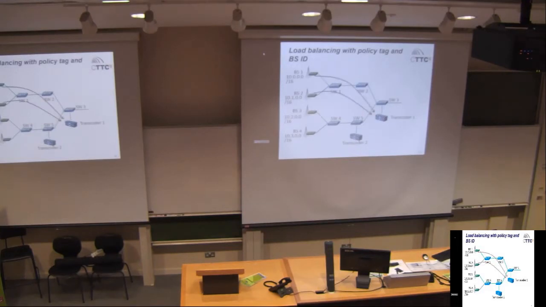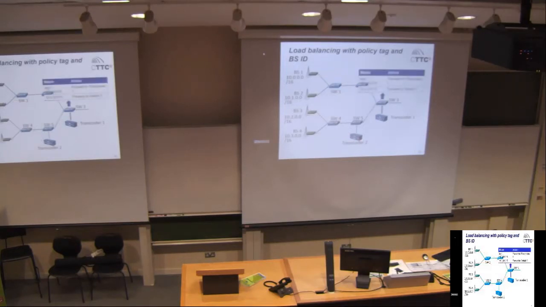So, for instance, here we want to implement a policy that determines that traffic initiated from UEs attached to base station 1 or base station 2 has to pass through transcoder 1 before leaving to the internet, and traffic originated from UEs from base station 3 and base station 4 goes to this middlebox here.